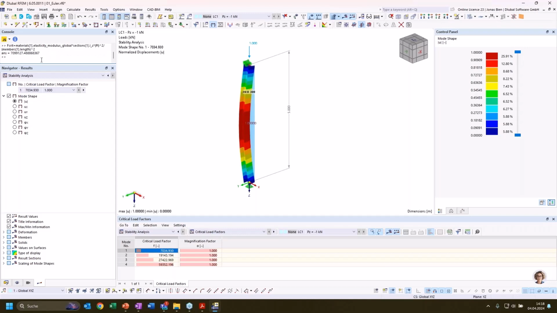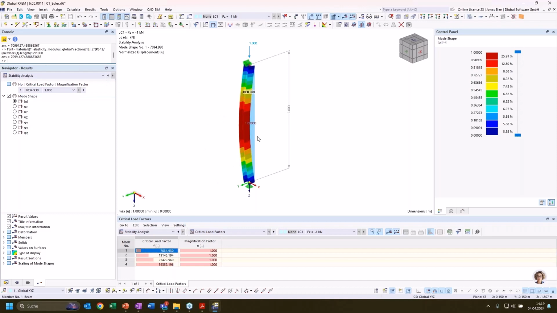And if I hit enter, now we get the result for this formula as 7,100,000 Newton. I need to divide it by 1,000 and I get the result in kilonewtons. So that's pretty close to the critical load factor that we calculated here with our structural stability add-on.